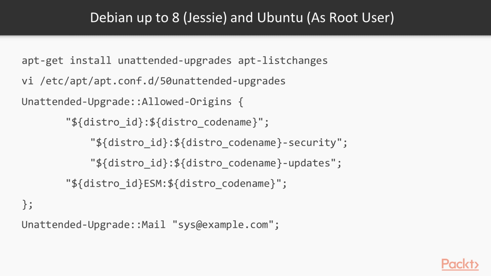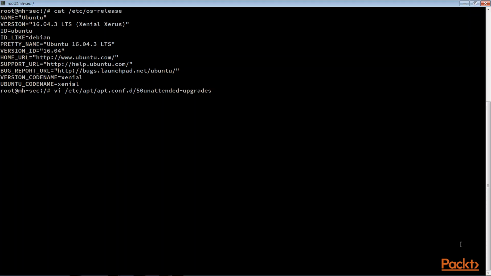Now, how does this actually look? Here we are on an Ubuntu 16.04 LTS server. Whenever you are installing a server, always use a Linux distribution which guarantees a minimum of 5 years of security updates for that version.